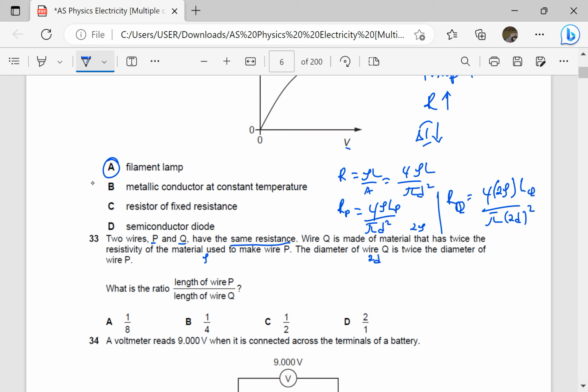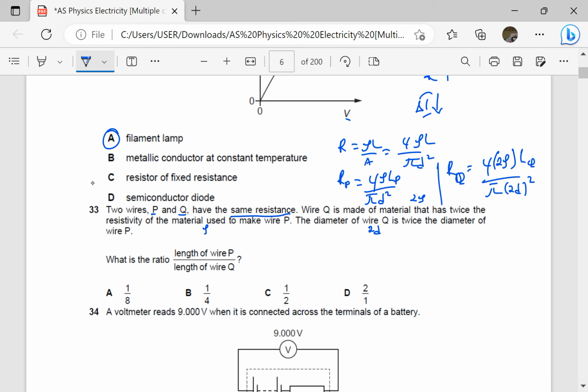So we have those two equations. Remember, the resistance is the same, so I just equate the two. So I will say 4 rho L of P divided by pi d squared for P should be equal to 4 times twice rho L of Q divided by pi times 4 d squared.